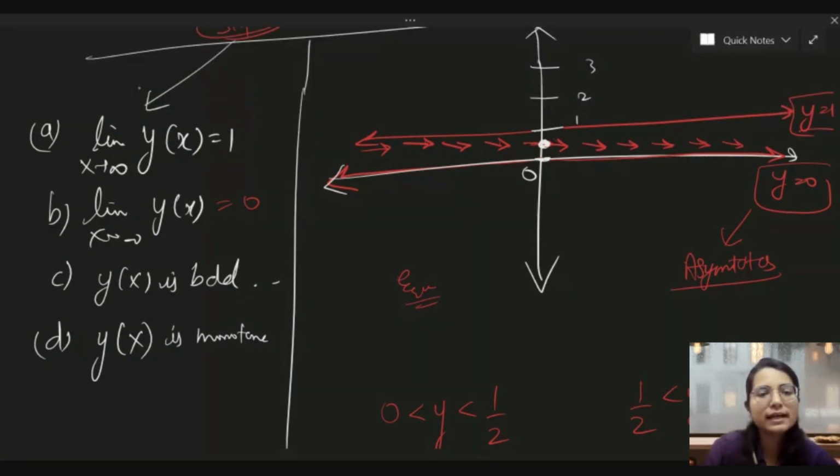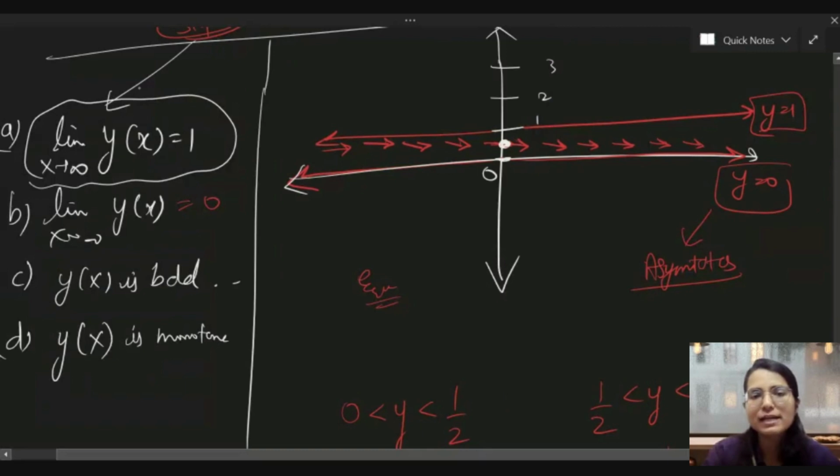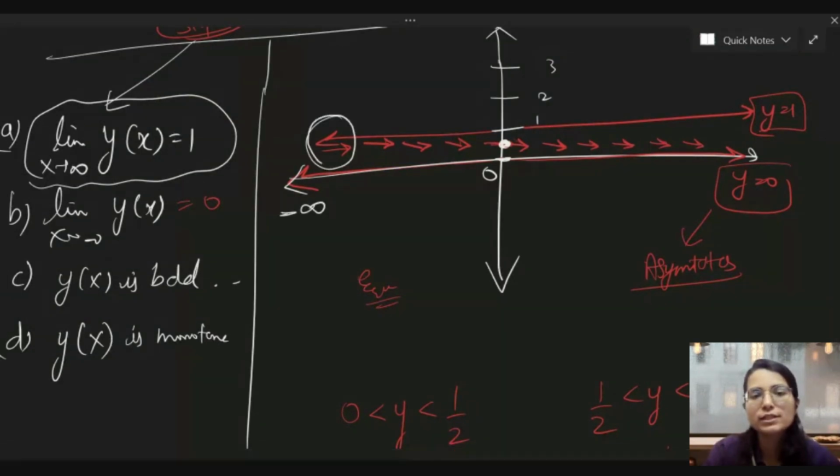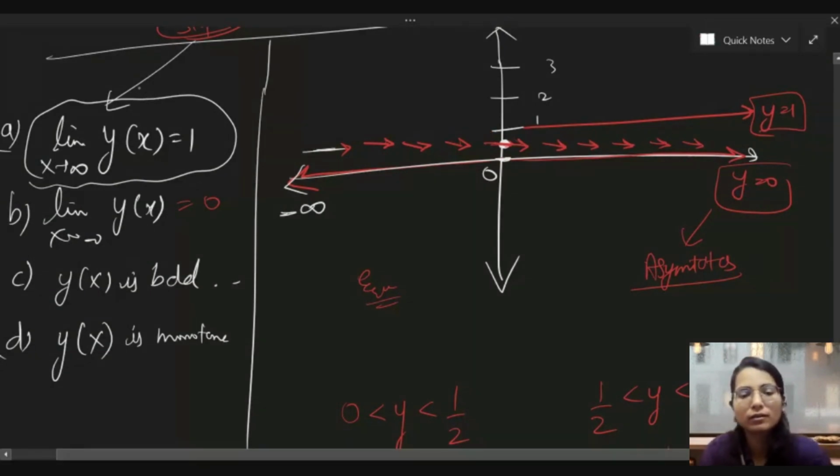First option says that as x approaches infinity, y of x approaches 1. Is it true? Well, I don't think so, because as x approaches minus infinity, my solution is near y equal to 1, which acts like an asymptote for this curve.